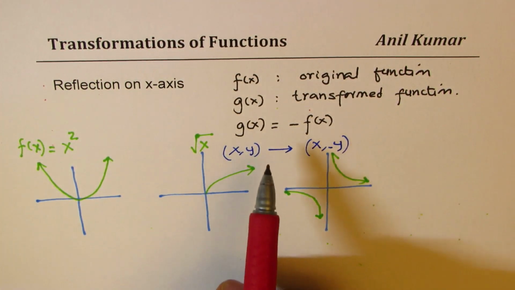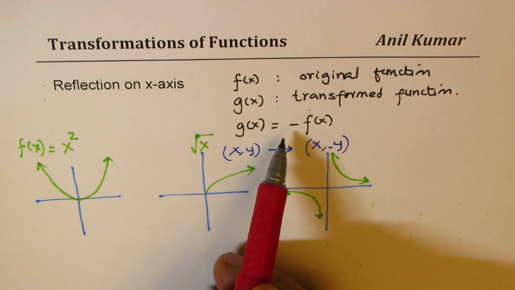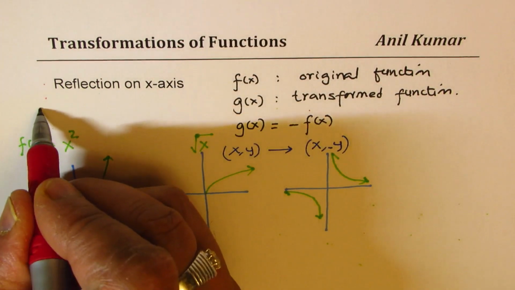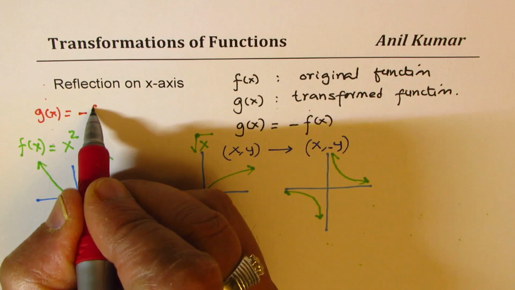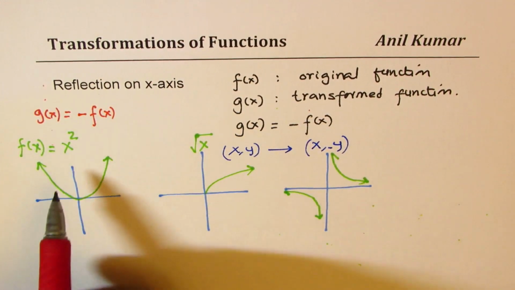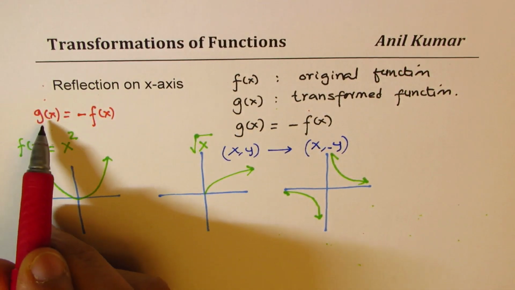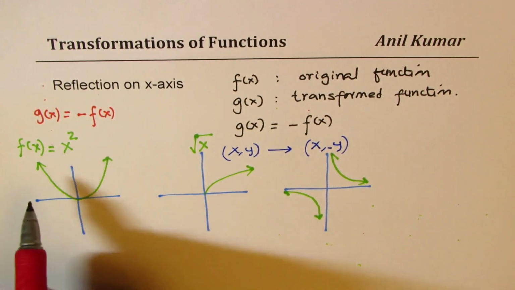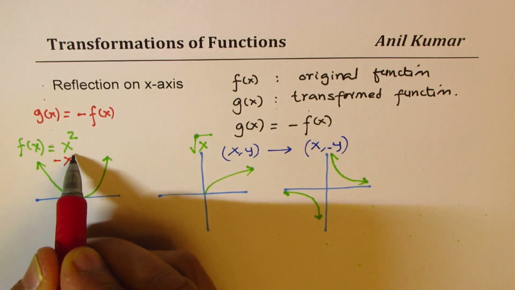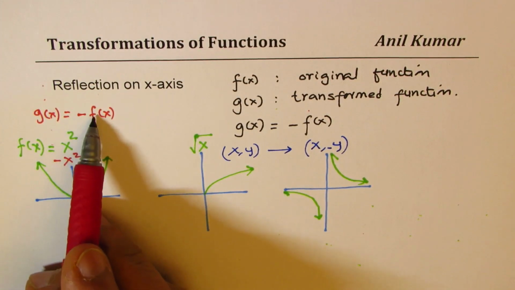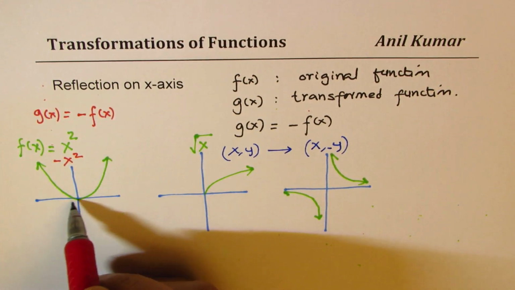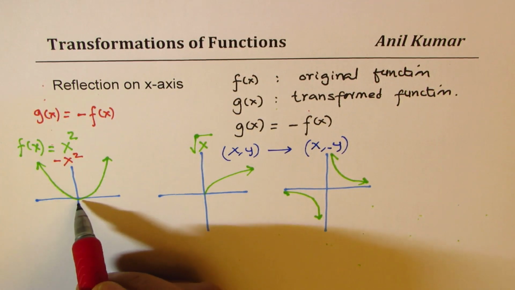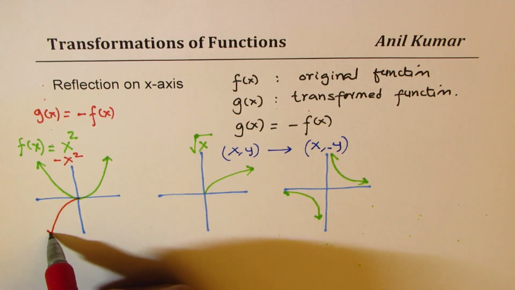So when we write the transformation g of x equals minus f of x, g of x in this case will be minus of x squared, correct? Minus of f of x. That basically means all the values which were positive will now become negative. So it kind of reflects like this.